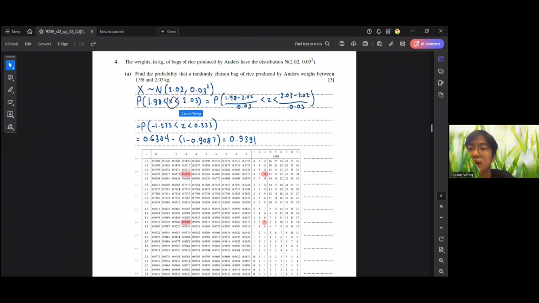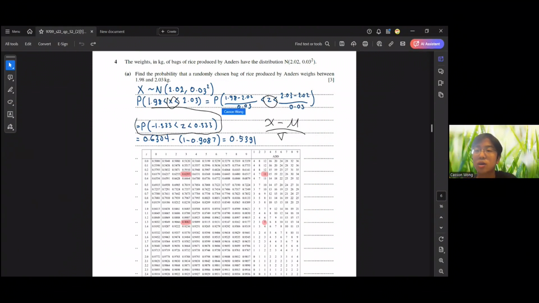To convert x to z, we use the formula x minus mean over standard deviation, and we calculate, and this is what we need to find.